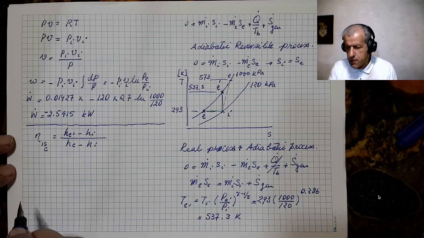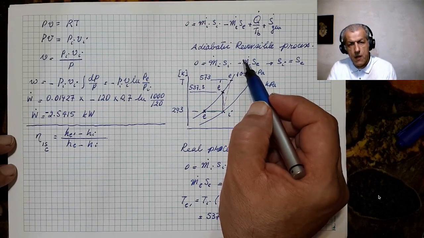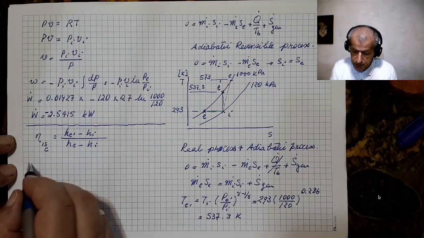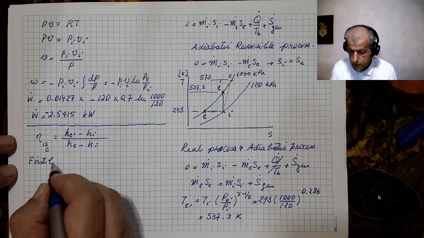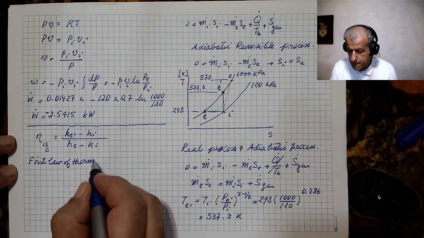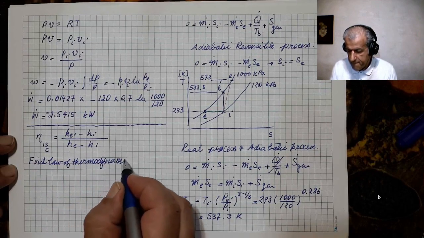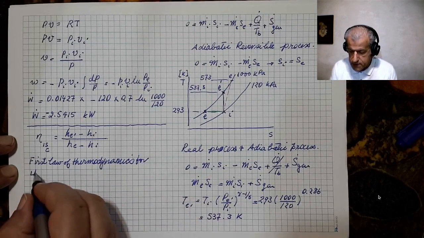You see, I did write the second law of thermodynamics for an isentropic process. I didn't write the first law for it. And what is the first law for it? The first law for it is very simple. I write the first law of thermodynamics for the isentropic process.